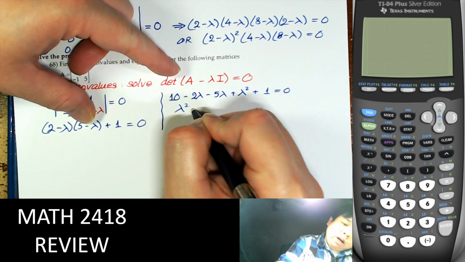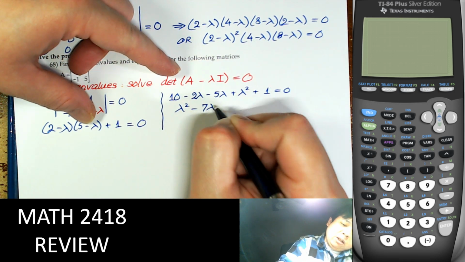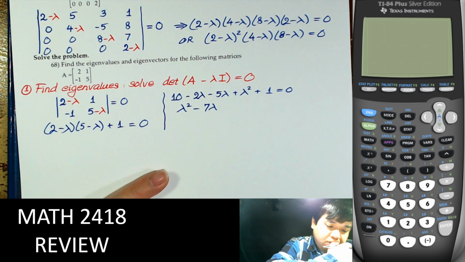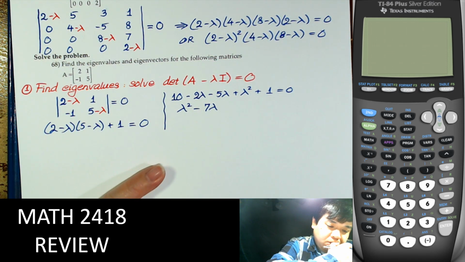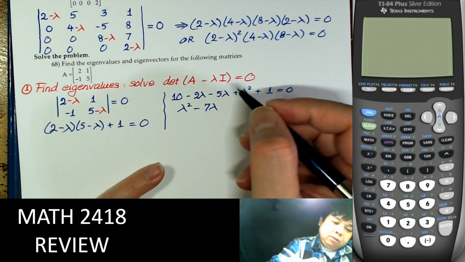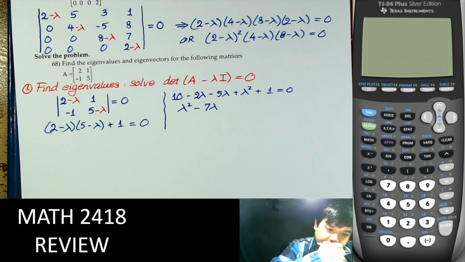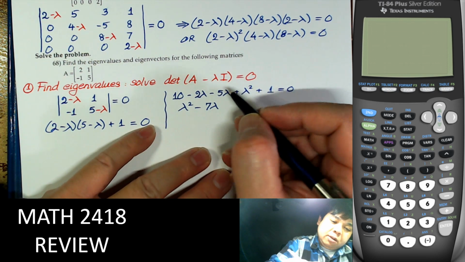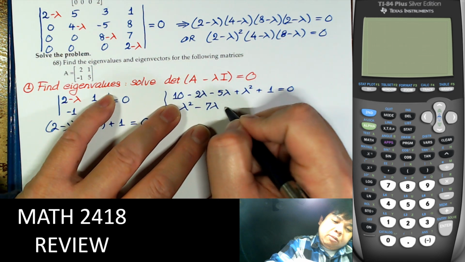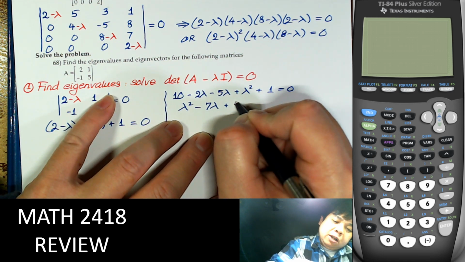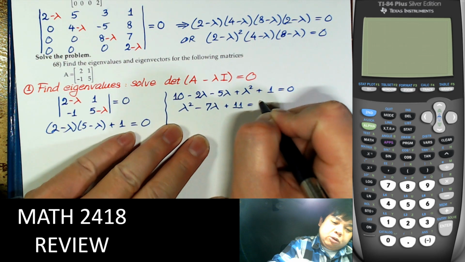So we have lambda square minus 7 lambda plus 11 equal to 0.